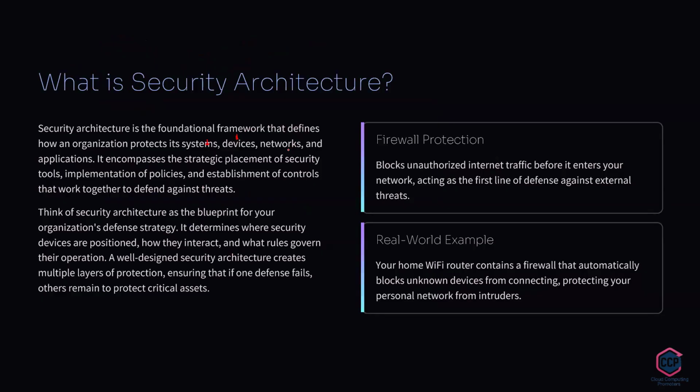In every organization there will be a blueprint of their network, like what all devices they are using in their network. And they also create multi-layer protection in order to avoid security breaches.